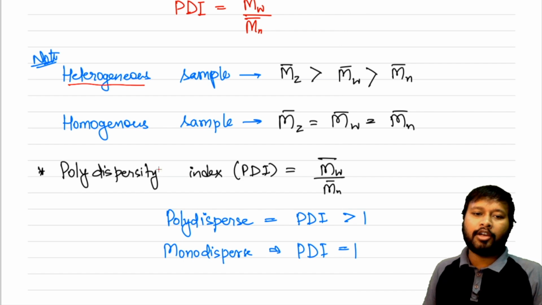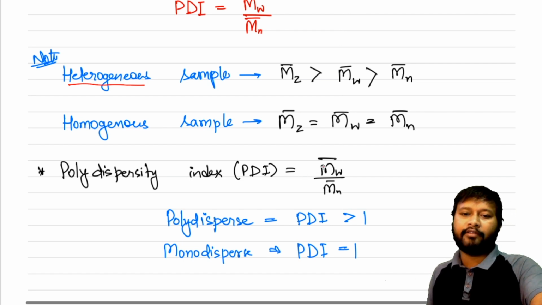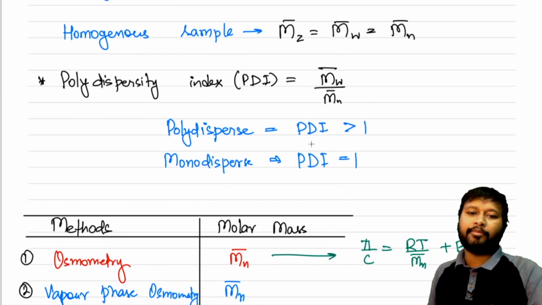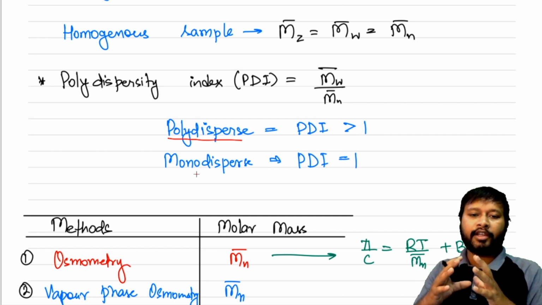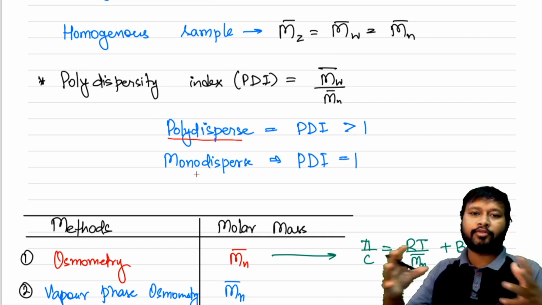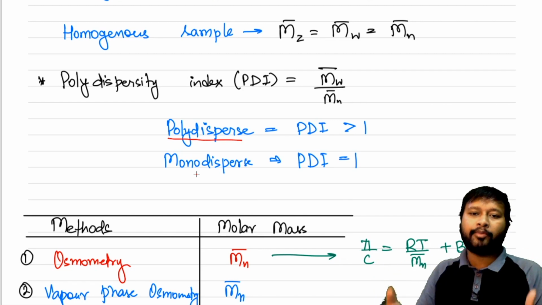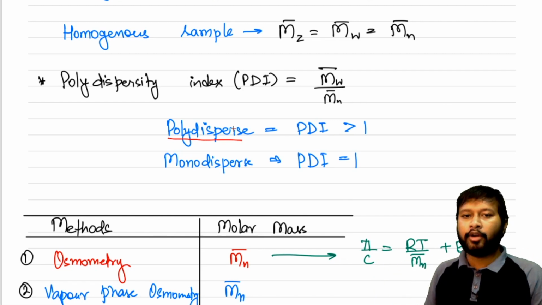All right. Now the polydispersity index, the PDI value which I told you, can be greater than 1 or it can be equal to 1. If it is greater than 1, we call it a polydisperse system, meaning the dispersion is not going to happen in a single layer, it is going to be in the form of polymeric layers. That's what is polydisperse. And if it is equal to 1, we call it a monodisperse phase.